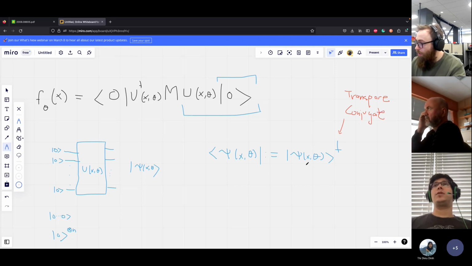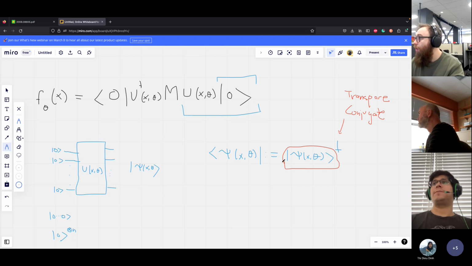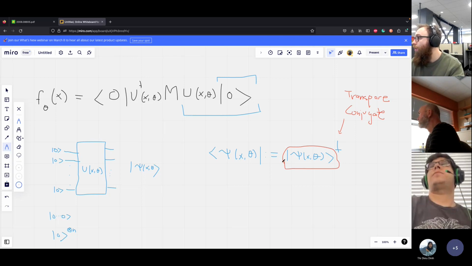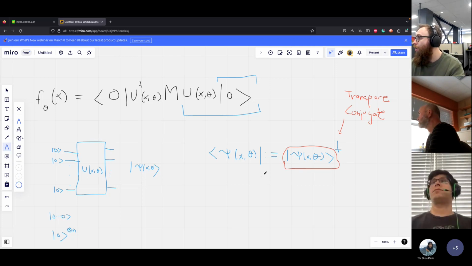Because the psi x theta ket, just this part here, is a vector. It's a complex vector, and it's a column vector, so it's something like this, and it has some complex numbers, C1 to Cn.